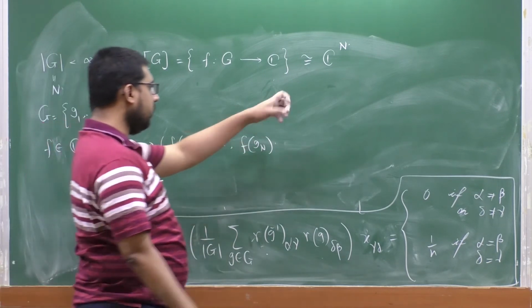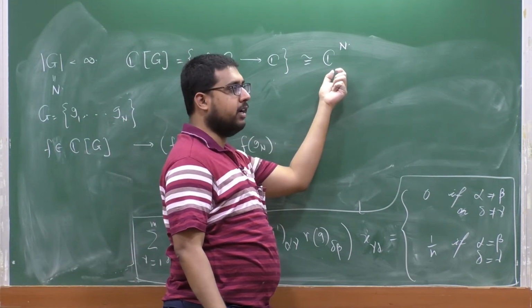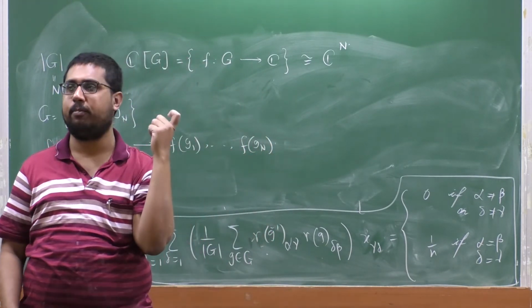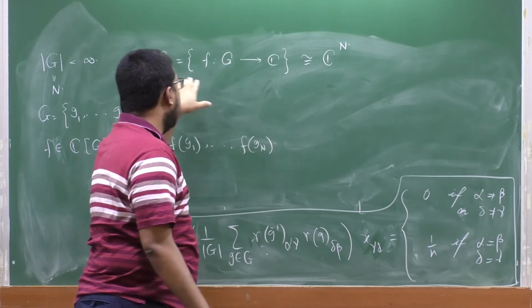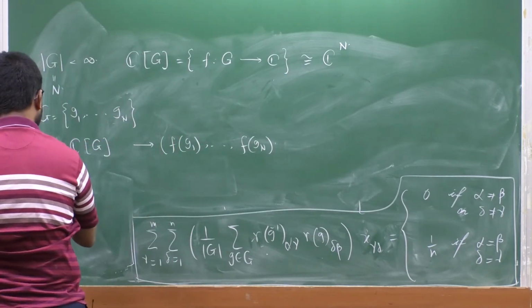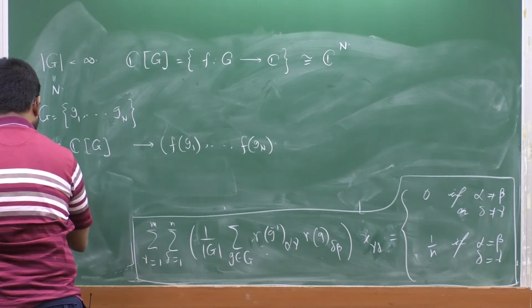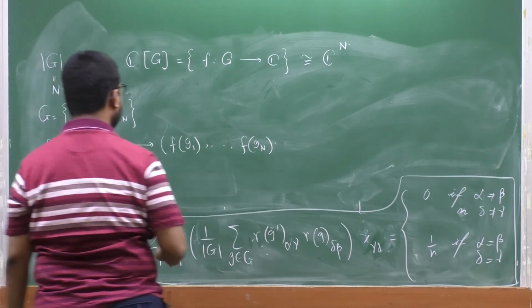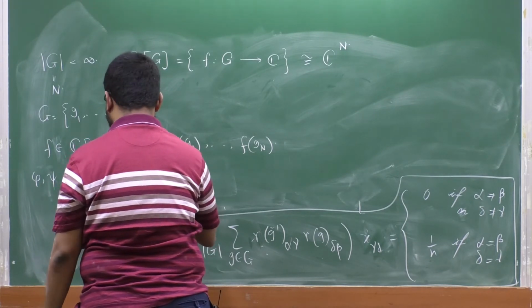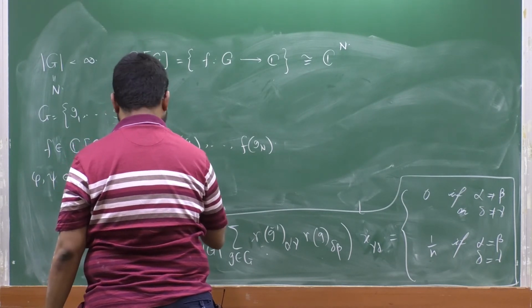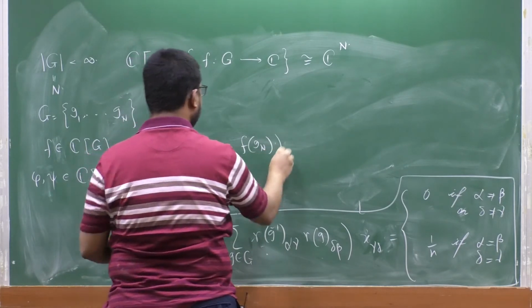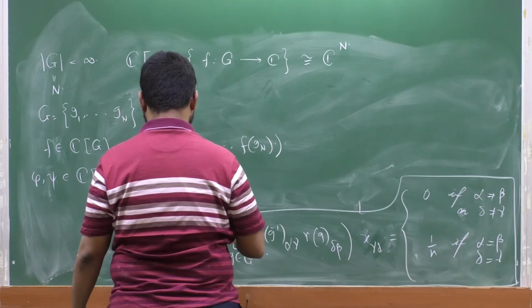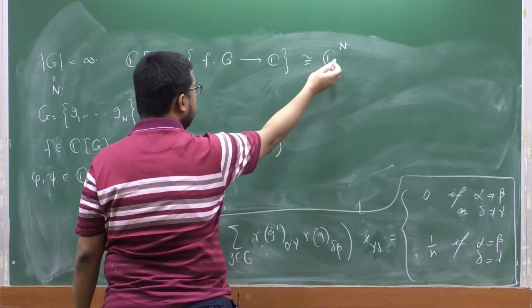Since we do have a natural inner product here, we can make this space equipped with a very natural inner product coming from this. So what is going to be the inner product here? If we are given two functions phi and psi in CG, what should be the inner product? The inner product of phi and psi, we send them inside C to the n and then we simply take their usual inner product in C^n.